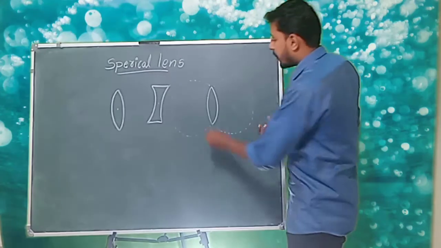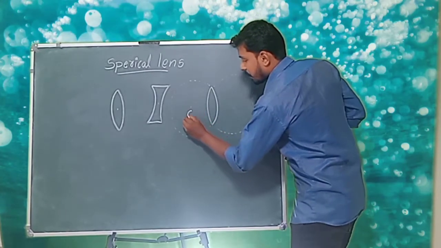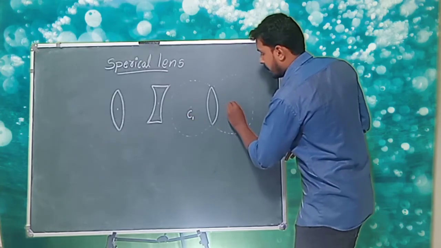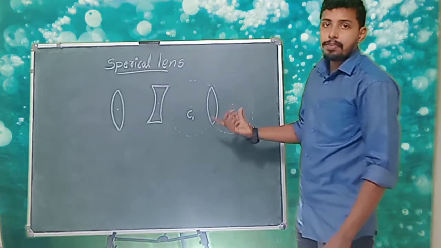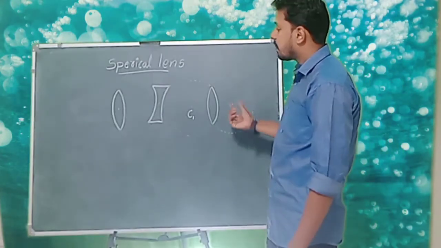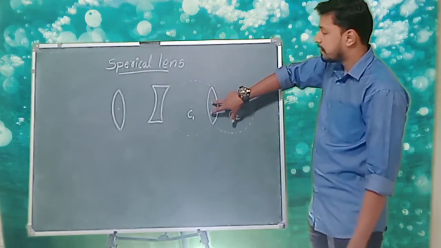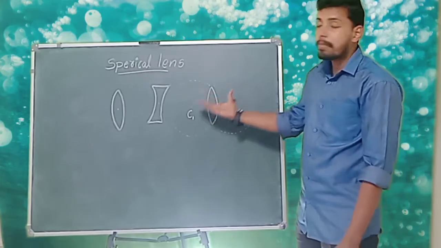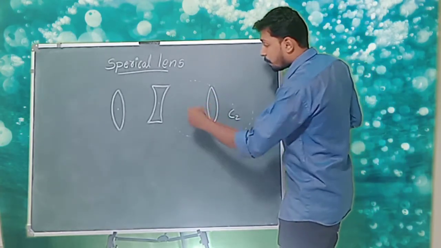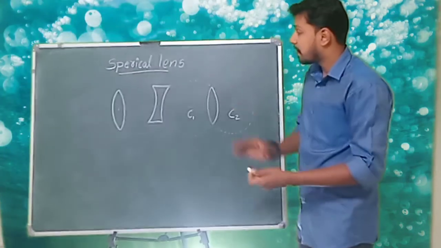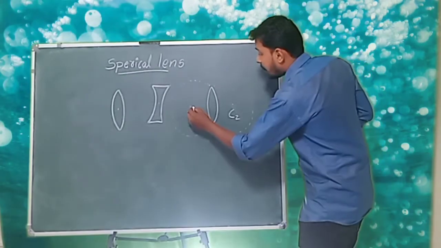by this method. Here center of curvature C1, center of curvature C2. We already said that this lens is part of two spherical surfaces. How will we find out that optical center? It is very simple.